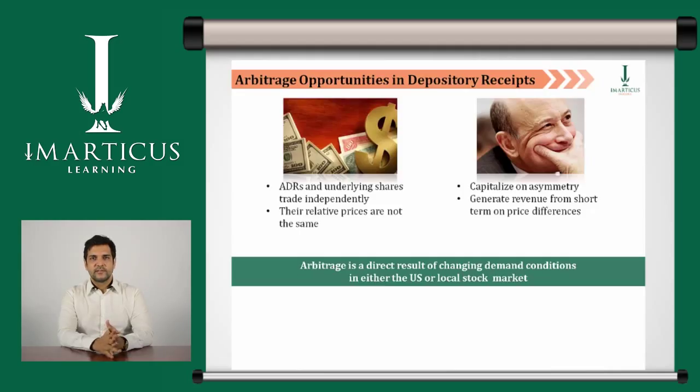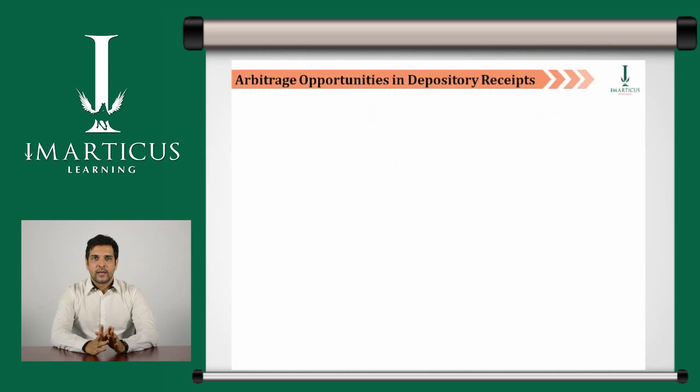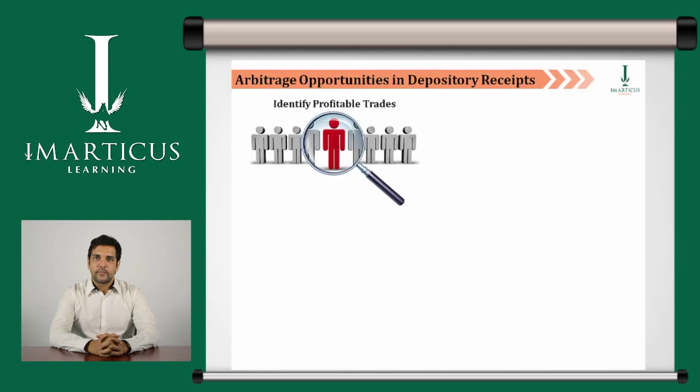Regardless of whether the ADR is trading at a premium or a discount, the price differences are always temporary, which is one of the factors that can cause the brief, although sometimes prolonged, upward and downward fluctuations in ADR balances. In the arbitrage trade, the task is to identify which trades can be profitable.